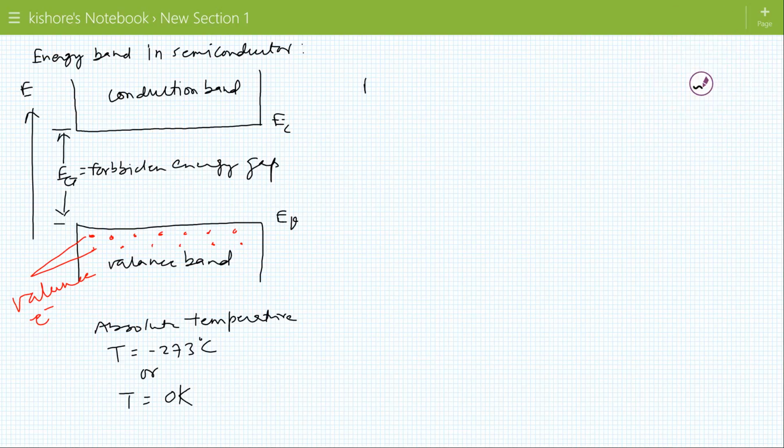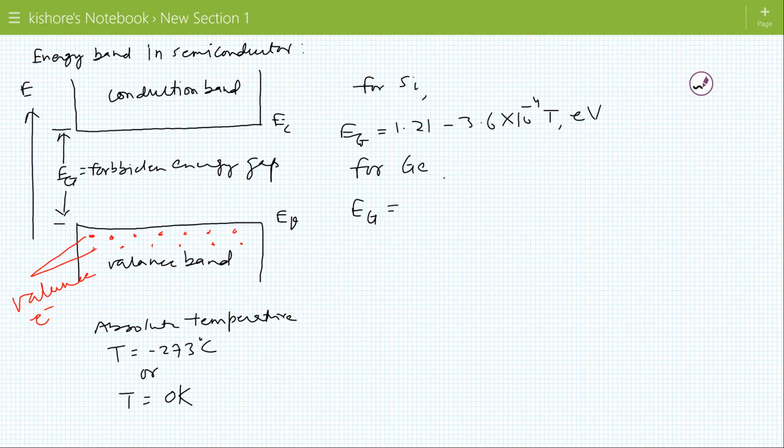For silicon, it is 1.21 minus 3.6 into 10 to the power minus 4 T electron volts, and for germanium, energy gap is 0.785 minus 2.23 into 10 to the power minus 4 T electron volts, where this temperature T is temperature in Kelvin.